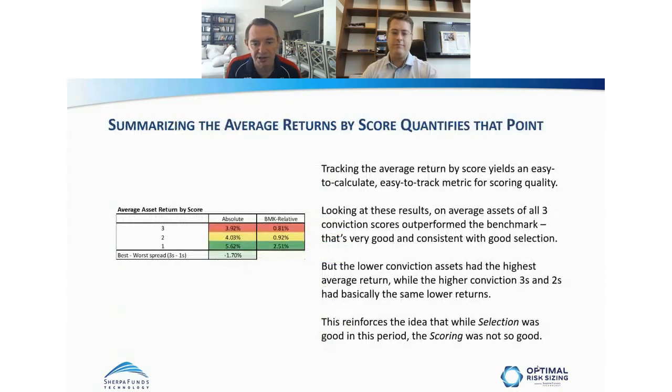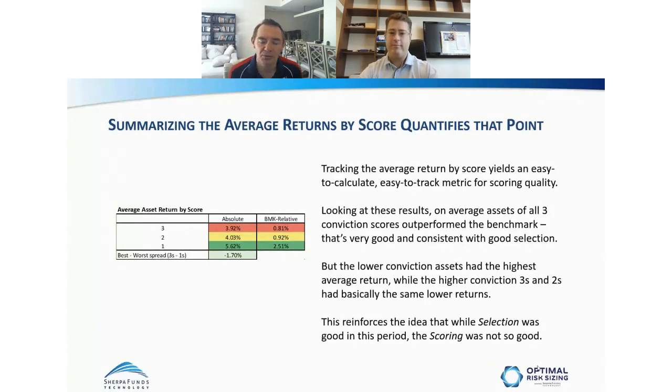Thanks, Steve. If we just do the basic stats on the lines, which is the table, we can see all three, the ones, twos, and threes, the low, medium, and highs, have outperformed the benchmark, but actually the ones have on average done better than the twos, which on average have done better than the threes. Right.